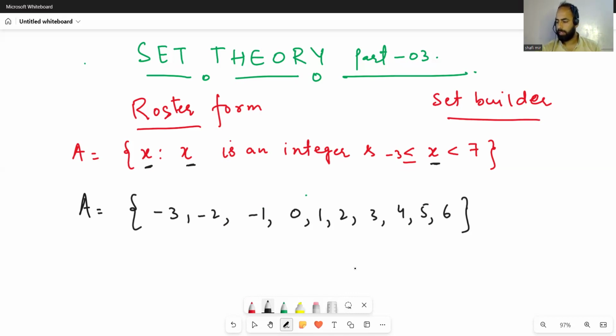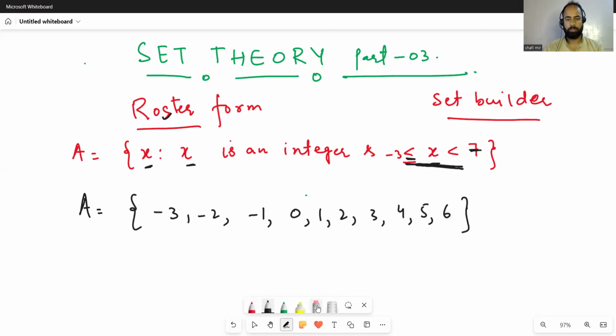Any confusion in this? Please understand one more important thing here, how to understand this interval. X is greater or equal to -3, so -3 is included in this set, but less than 7, so 7 is not included. It's only up to 6. Understood? So this is called roster form and set builder form.